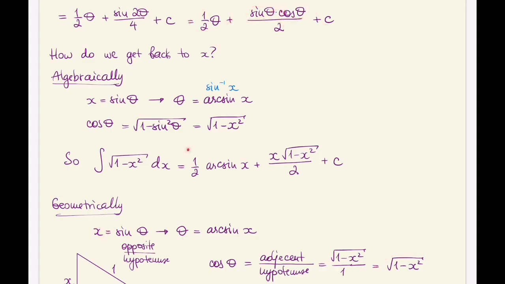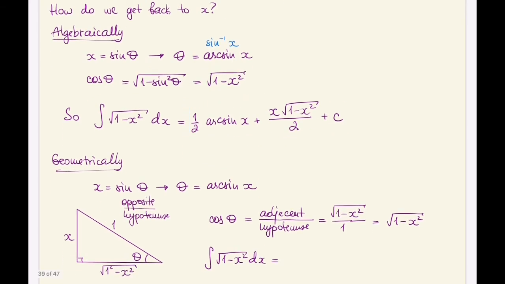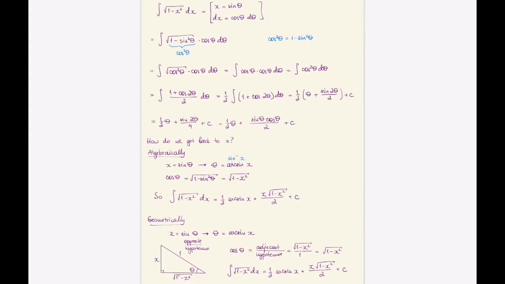So both times I end up with the exact same formula. So let me just take this, copy it over, and I can insert the exact same expression here because it ends up being exactly the same. This is the full example of applying trigonometric substitution to an integral.